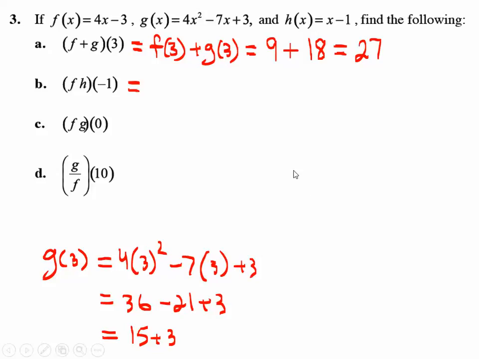Okay, so for b, how about f of -1 times h of -1, whatever that's going to be. So plug in the -1.